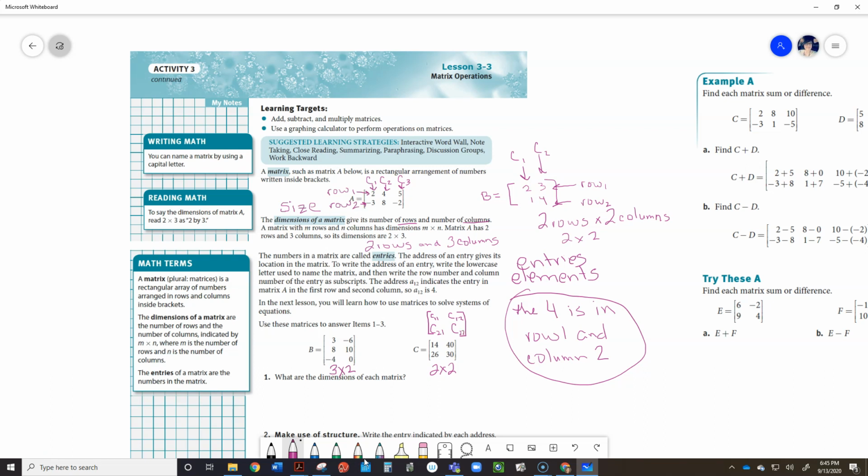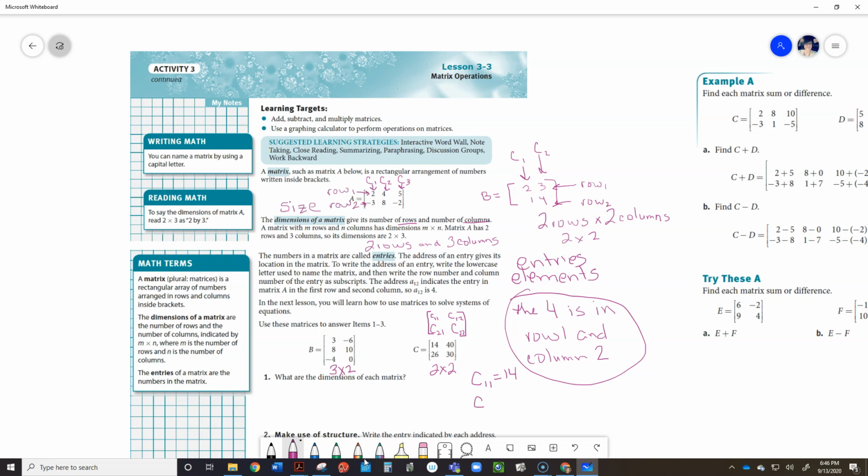Why? This is lowercase c, row 1, column 1. That's what the 1, 1 stands for. Lowercase c, because we're talking about an entry, and it would be row 1, column 2. So here I would say C11 is 14 because the 14 is in the place of row 1, column 1.